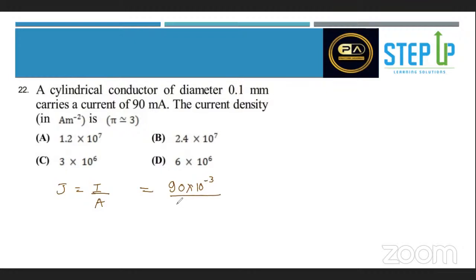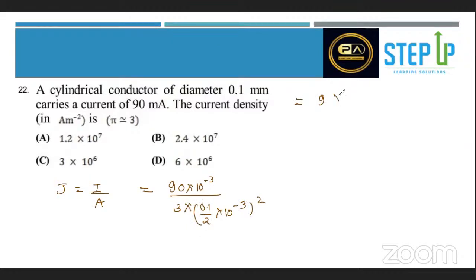Pi is 3, they're telling you to take. R squared: the diameter is given here, so 0.1 upon 2, into 10 raised to minus 3 whole squared. The millimeter needs to be converted into meter.